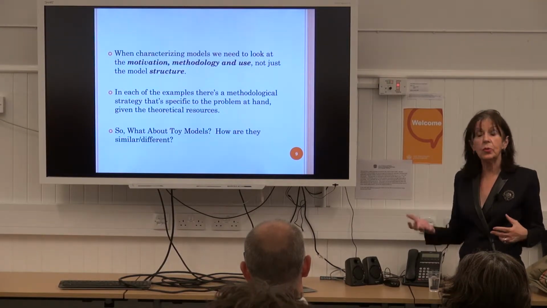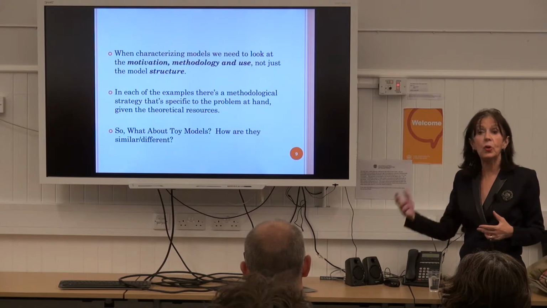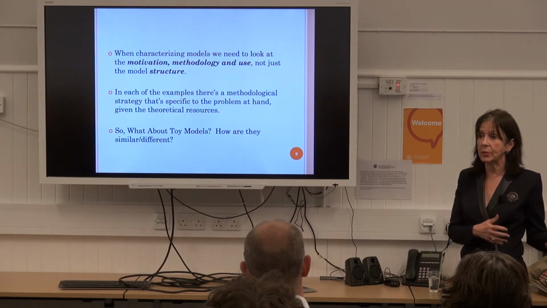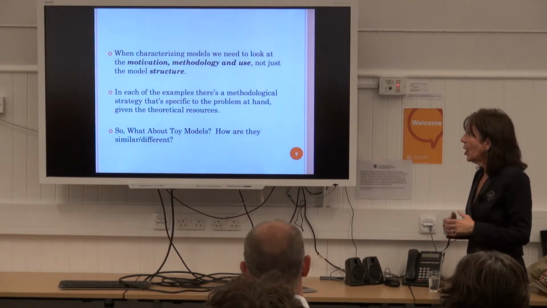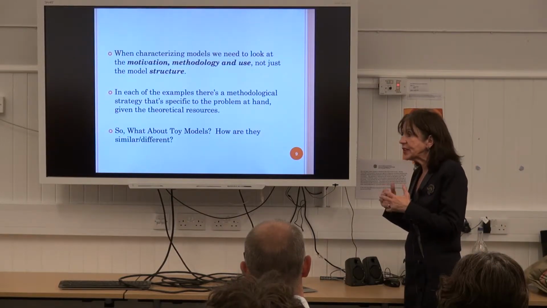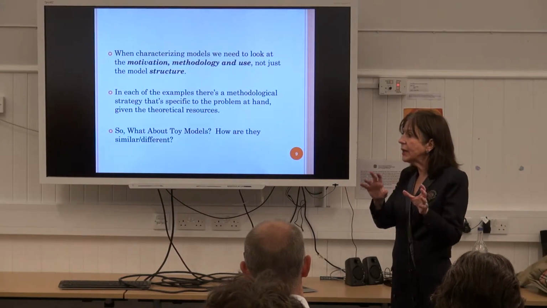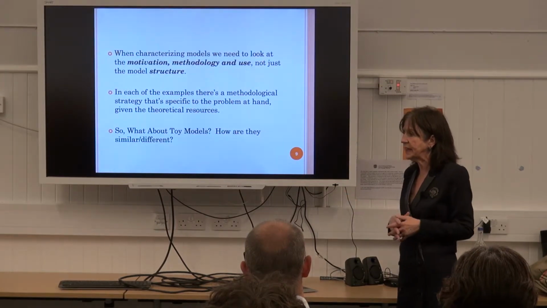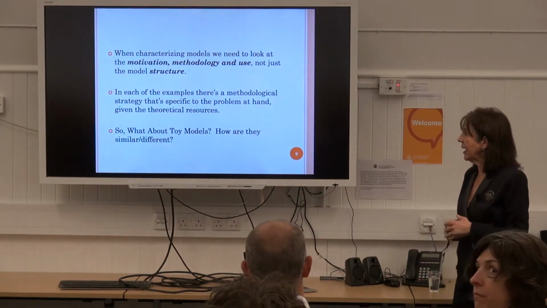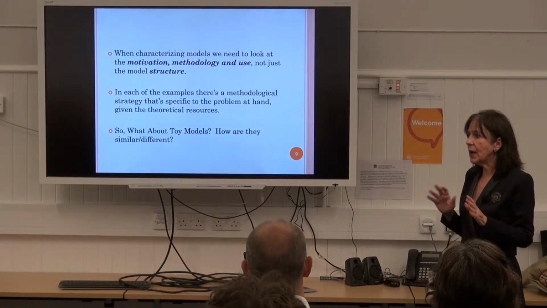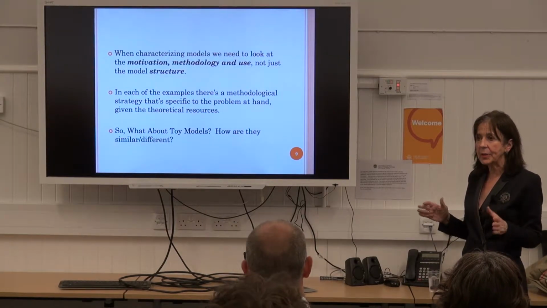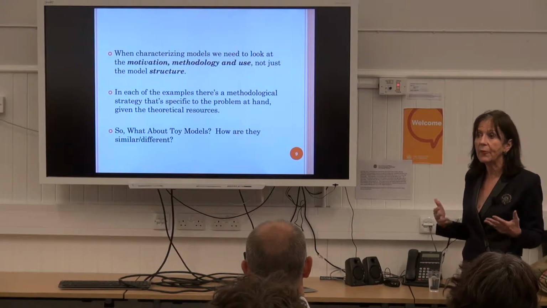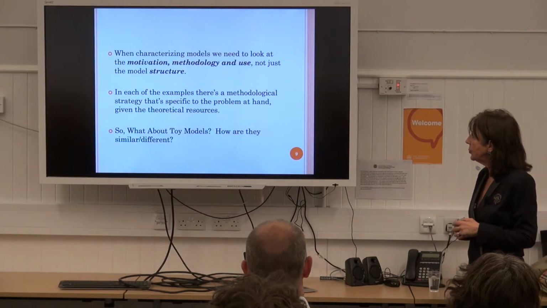In some cases, you know you're not getting the wrong answer because you can leave out those details without hindering the outcomes. So I think looking at the model structure and then trying to figure out what kind of model it is is really a mug's game, because nothing interesting is going to come from that kind of approach.